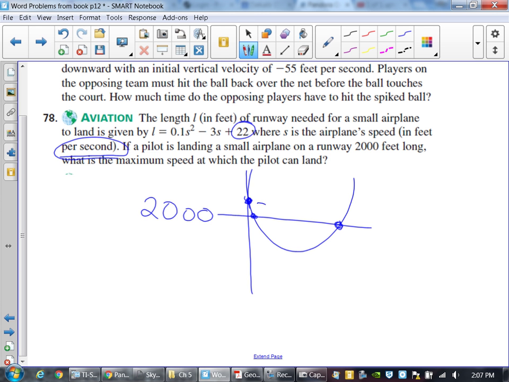Well, these are both two speed values. Which one is greater? The left or the right? Correct. So you're looking in your table then for the second time that you get close to 2,000 in that model. Or you can go ahead and set this equal to 2,000, use quadratic formula, you'll get the same answers. It works. Just using this is quicker.